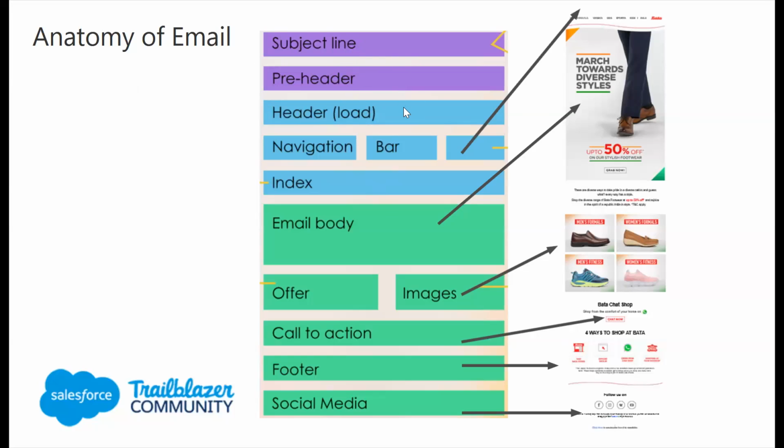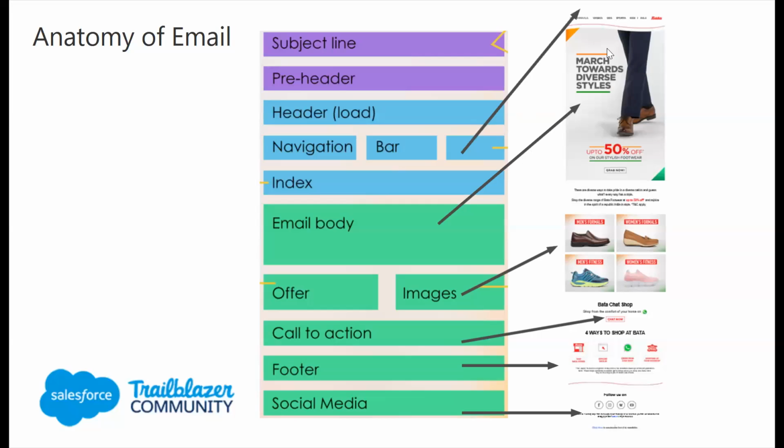I would like everyone to be familiarized with some terminologies like subject line, pre-header, the header, which is the metadata of an email, and then navigation bar, email body, offer, images, CTA, which we call call to action button, and footer.